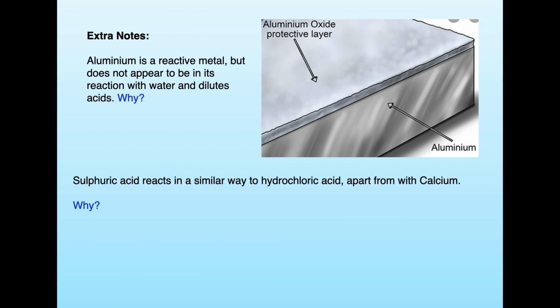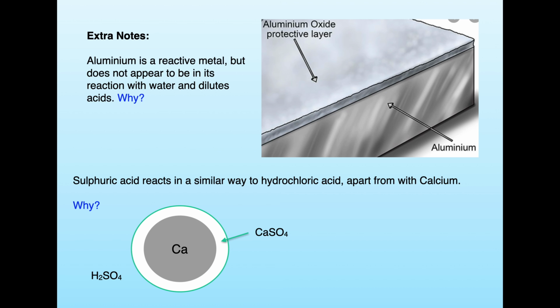Another similar example is sulfuric acid reacting with calcium. Calcium will react very vigorously with hydrochloric acid, and it reacts vigorously with sulfuric acid at first, but then once the calcium has been in contact with the sulfuric acid, what happens is a layer of calcium sulfate forms on the calcium.